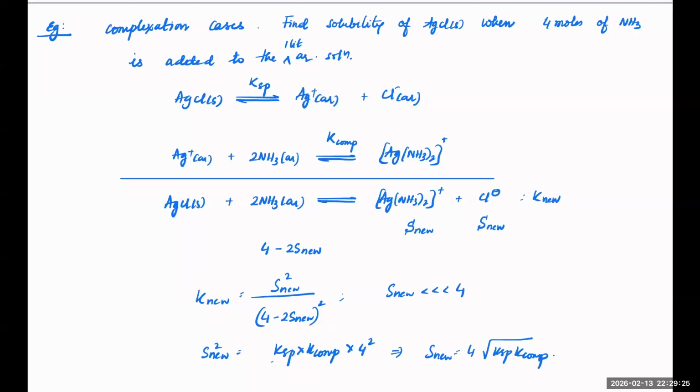In such a case, do not ignore this S new. That means you have to solve it completely like a quadratic equation, or you can just take the root here and then solve it for S new again. Okay, clear everybody? Any doubt here?